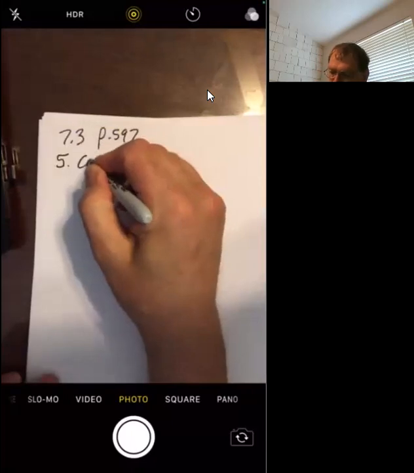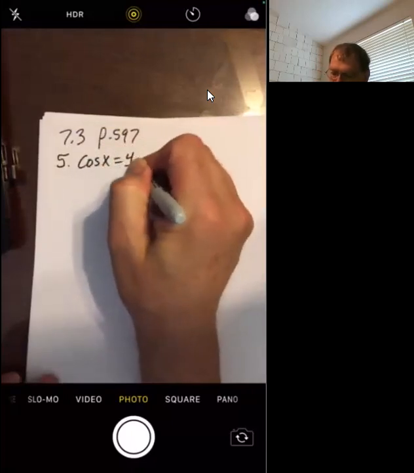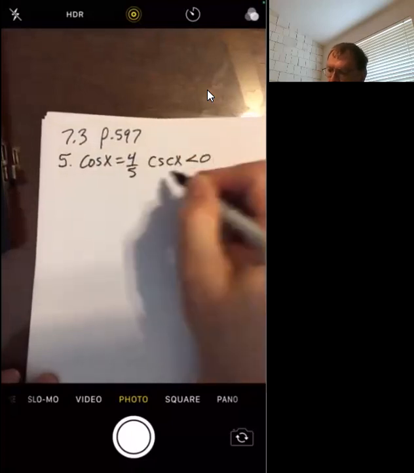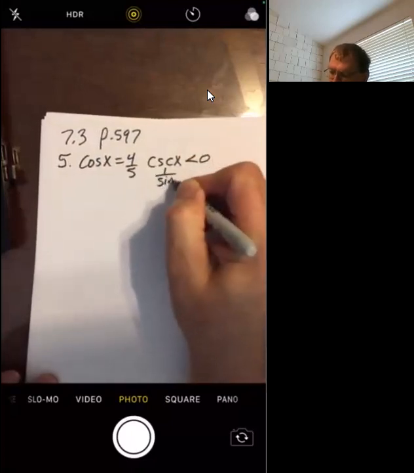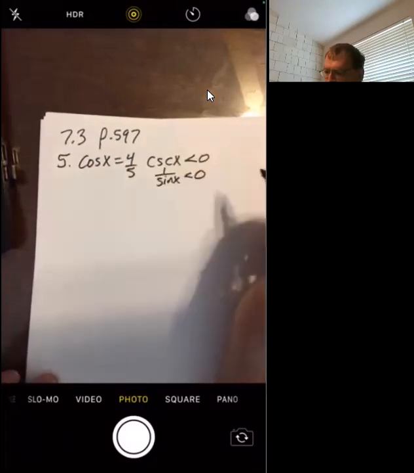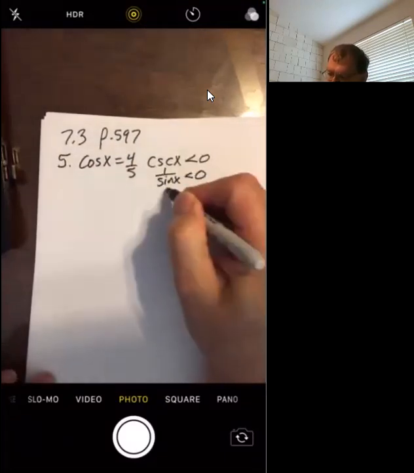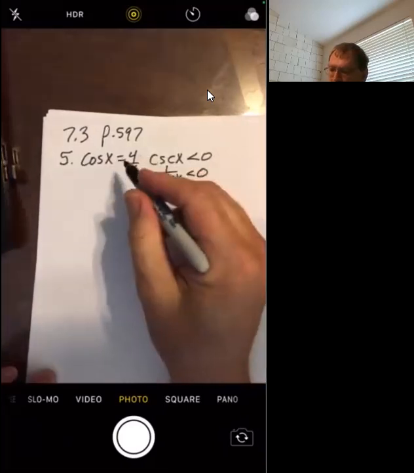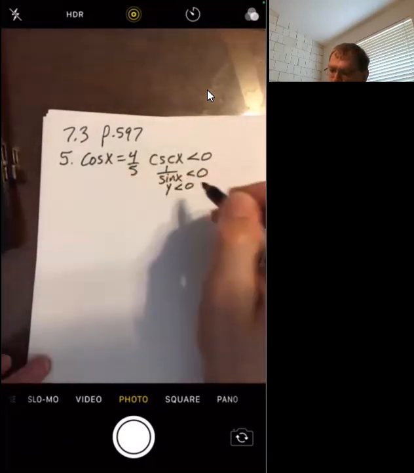The cosine of x is 4/5 and the cosecant of x is negative, which means 1 over sine of x is negative, which means basically y is negative, and cosine is positive, which is your x coordinate, which means you're in quadrant 4.